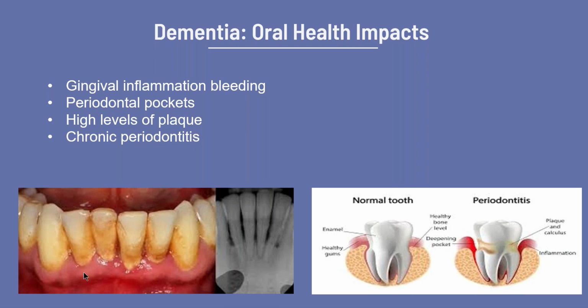Also in the X-ray, you can see black lines between the teeth, which are caused by voids because of the degradation of the bone between the teeth, and there is no supporting bone structure between those teeth due to the chronic periodontitis infection.